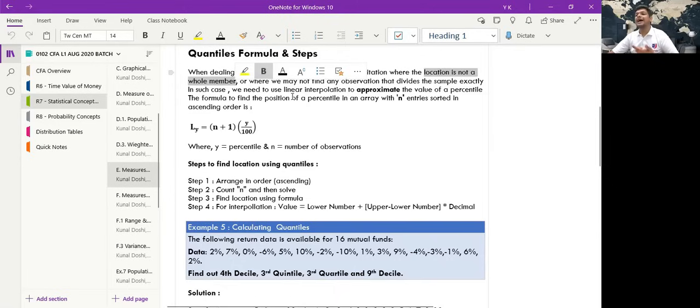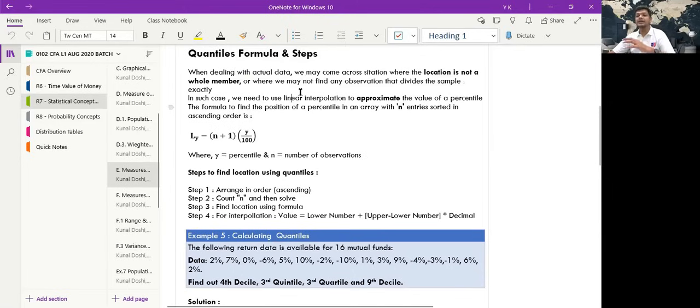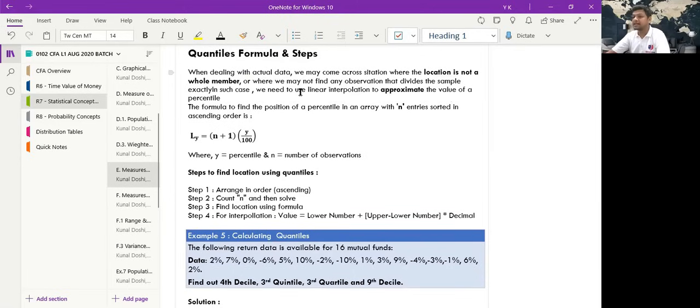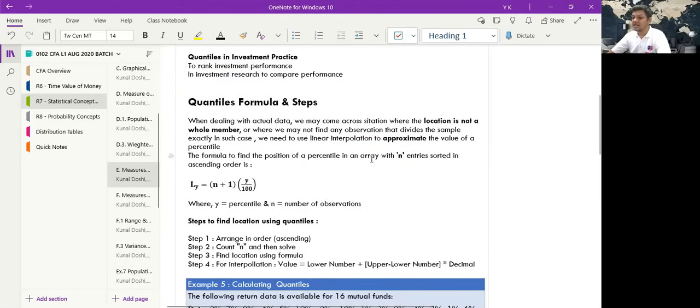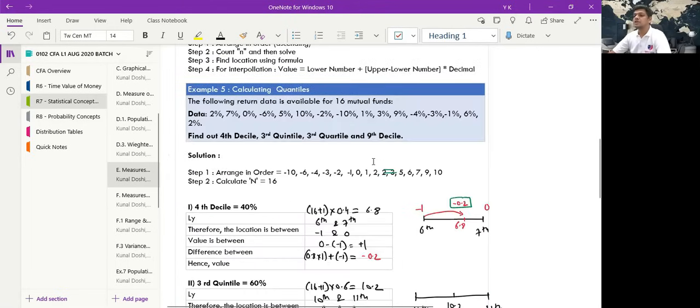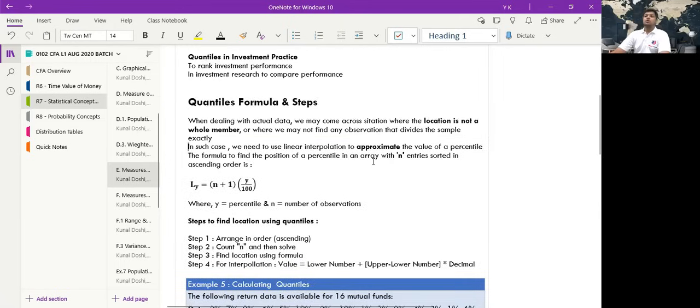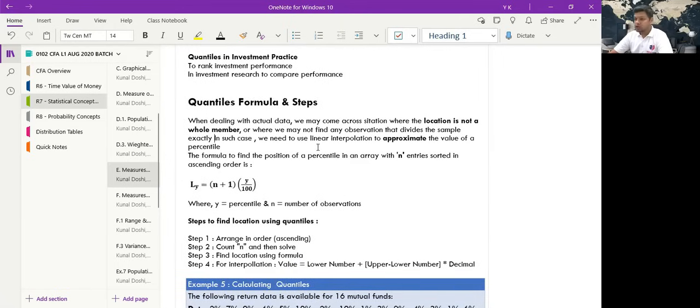But the irony here is that the location we are looking for is not a whole number. It is 10.2. Like in the previous case, we had the number 6.8. These are the reasons due to which you have to apply the location formula.